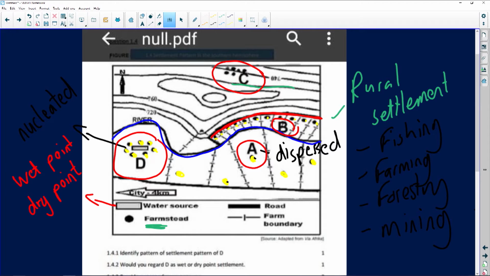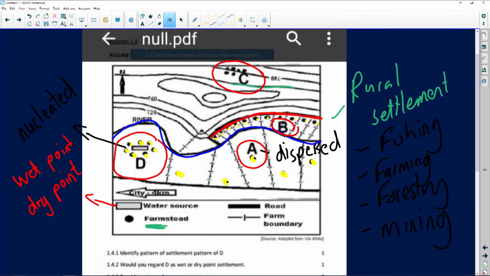But a wet point settlement is when a settlement becomes nucleated because water might be a very scarce resource. So what does the settlement tend to do? They become nucleated because they want to live close to the water resource to help them with irrigation and to provide them with their needs. So that's the difference between a wet point and a dry point settlement.